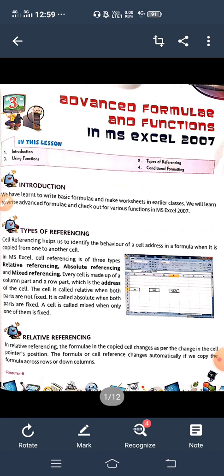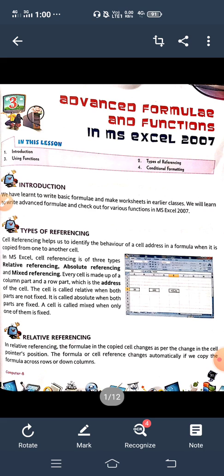Means when you write a formula in MS Excel, and after that you copy that formula from one cell to another cell, how the formula gets changed is known as cell referencing. Automatically your formula will get changed when you copy from one cell to another cell.